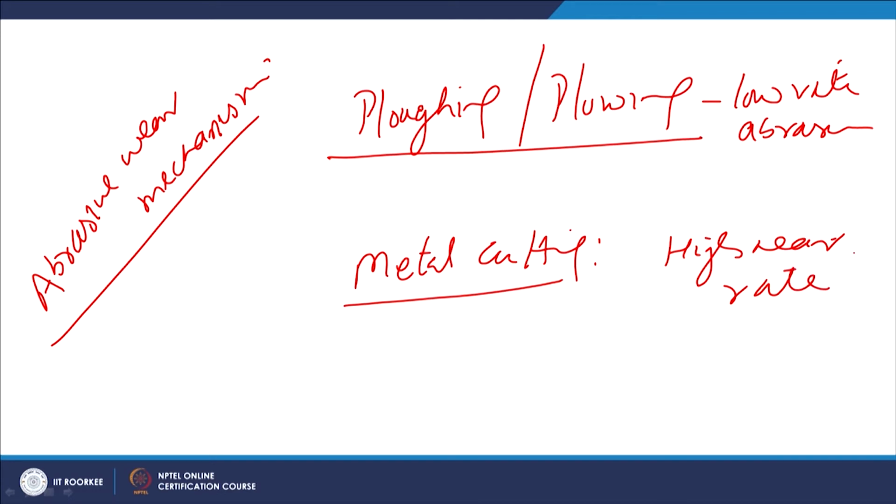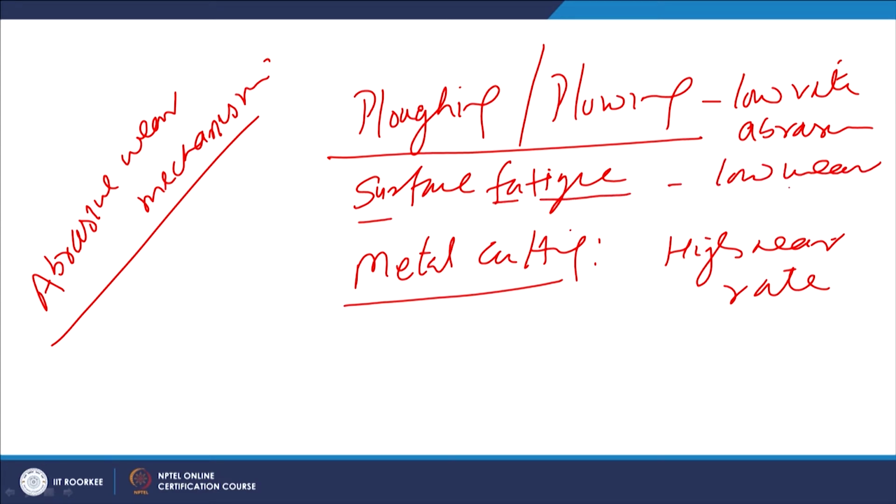Then there are other finer mechanisms. One is called surface fatigue. This also leads to a low wear rate, and it happens due to continued subsurface layer deformation, after which nucleation and growth of a crack lead to removal of the material in the form of a chip.